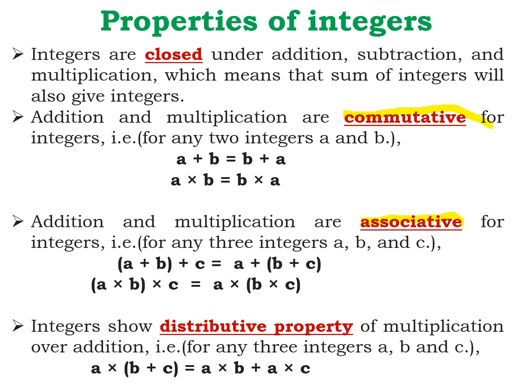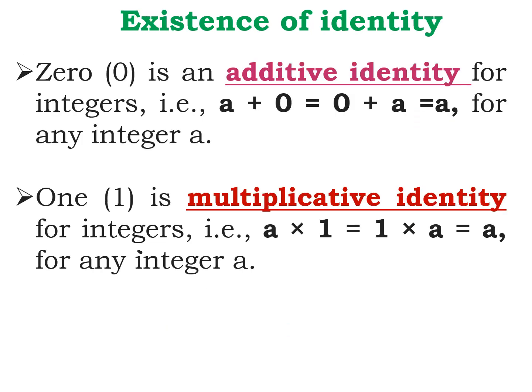Integers show the distributive property of multiplication over addition. That is, for any three integers a, b and c, a into (b plus c) is equal to a into b plus a into c. Now, existence of identity. Additive identity means what number we should add to an integer to get the same number.